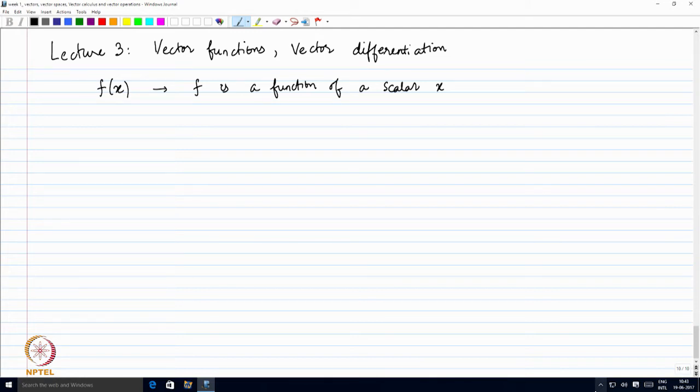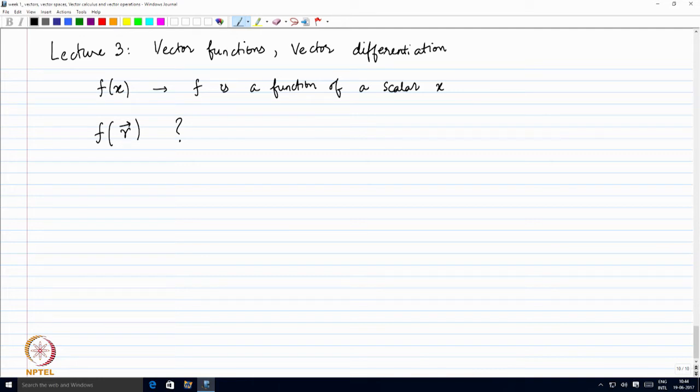Now, the idea of vector functions is very similar. Can you think of something like f where the argument of f is a vector, for example, f of r? A function which is not a function of a scalar x, but is a function of a vector.